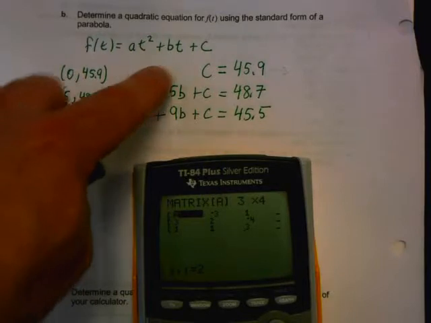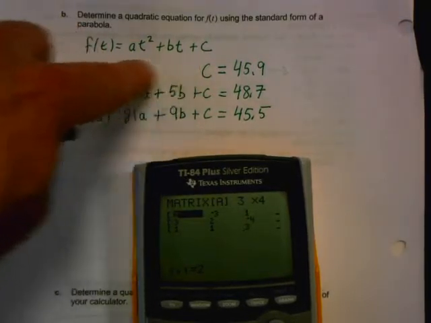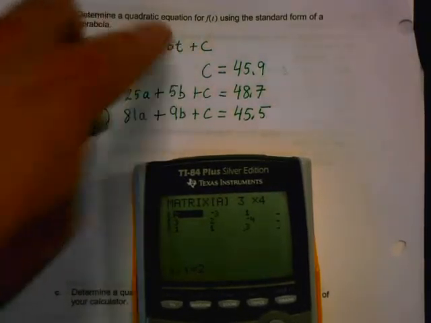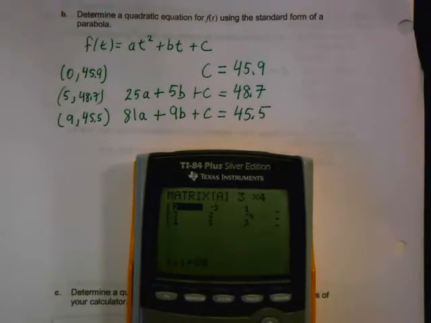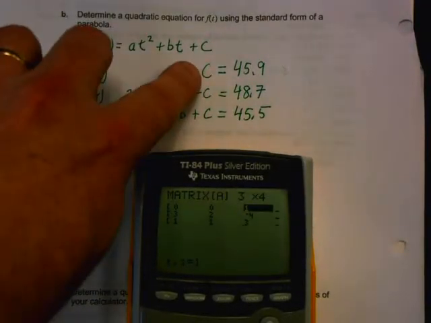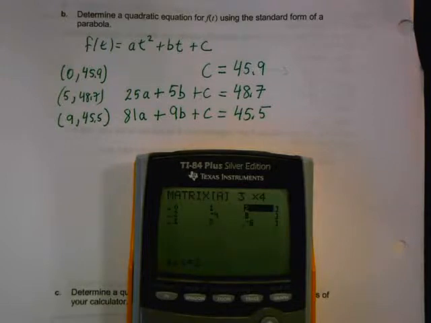Now what am I going to type in for numbers here? 0. There's no A, there's no B, so I'm going to use 0. So I'm going to have 0, 0, and then a 1 in front of the C, and then the 45.9. Second row, 25, 5, 1, 48.7.